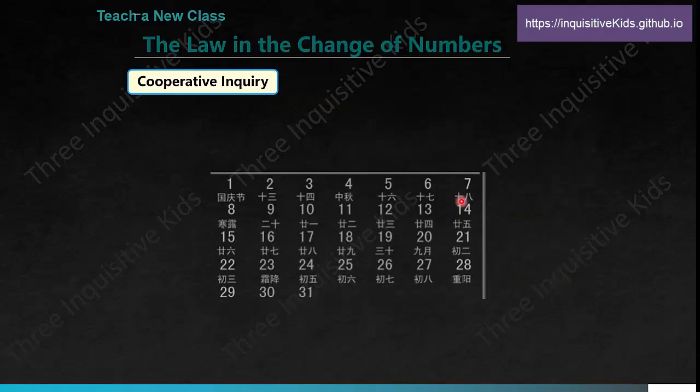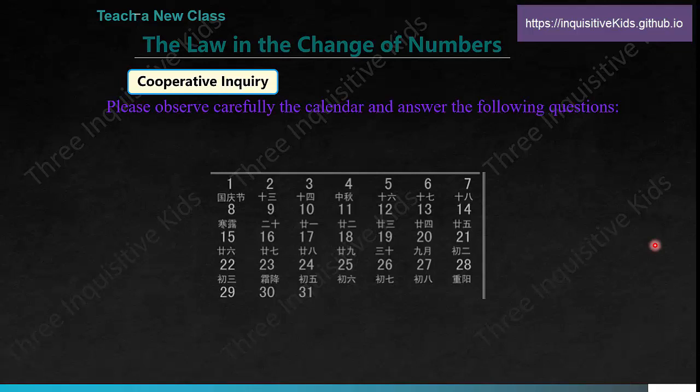So now we're going to get into our class, and the first section is the law and the change of numbers. So let's first look at this here. It's actually a calendar. Please observe carefully the calendar and answer the following questions. Really, this calendar is just a series of numbers and patterns, and we'll be uncovering those patterns.